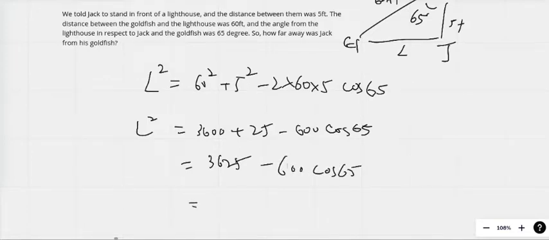Let's plug that into our calculator, and don't forget to use degree mode. 3,625 minus 600 times cosine 65, and that is 371.43.